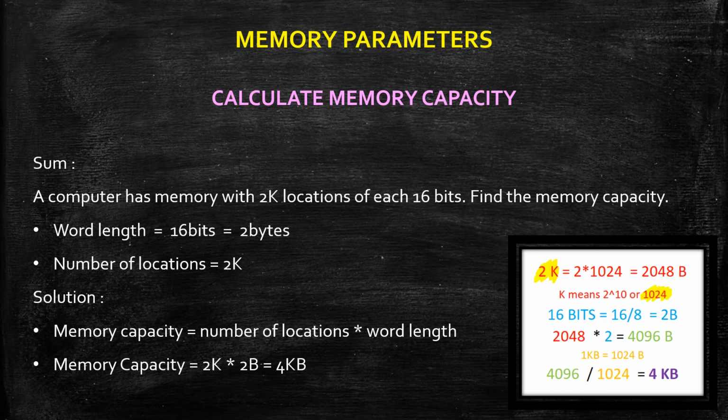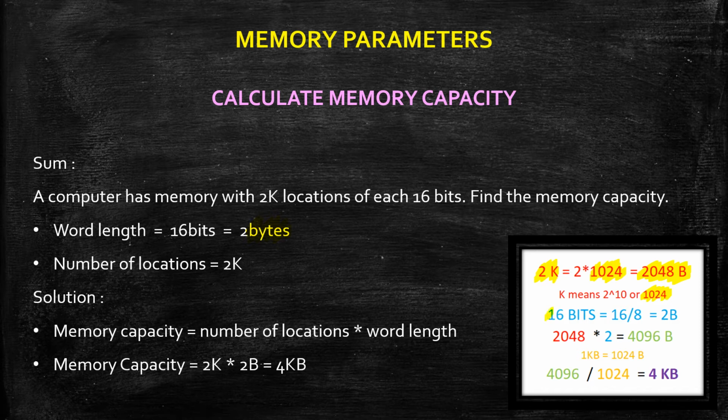Now because we have bytes as the word length, for the ease, as I told you, we'll convert all the values into a single unit. So let's convert this k into bytes, and for that 2 multiplied by 1024, and so we'll get 2048 bytes. So I got the number of locations with the unit bytes.